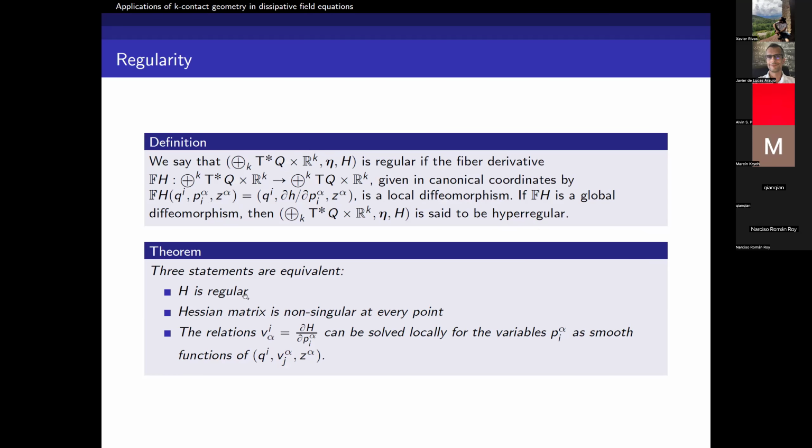And of course, if H is regular, then it is equivalent to the Hessian matrix being non-singular at every point. And it also means, what is probably the most important, that from these relations, we can find the momenta as smooth functions of these things.